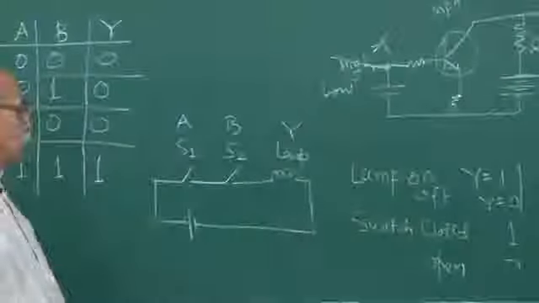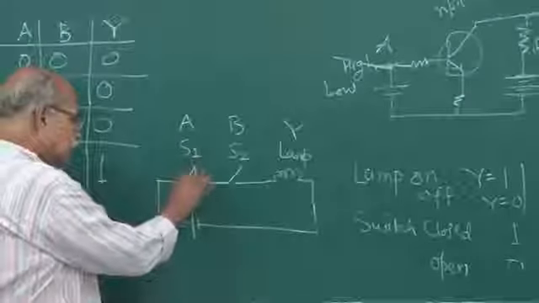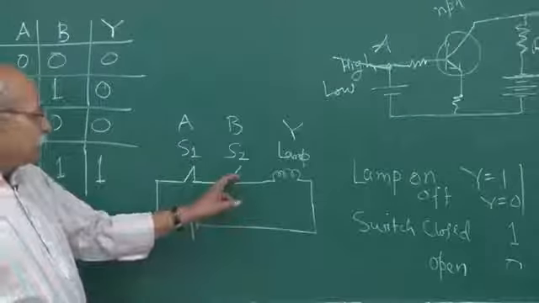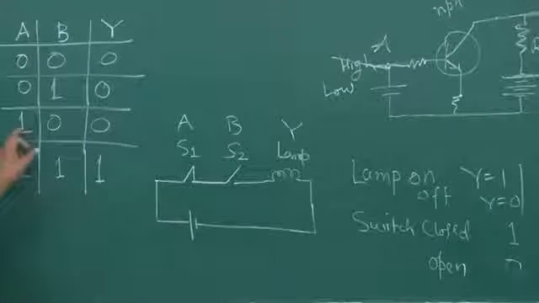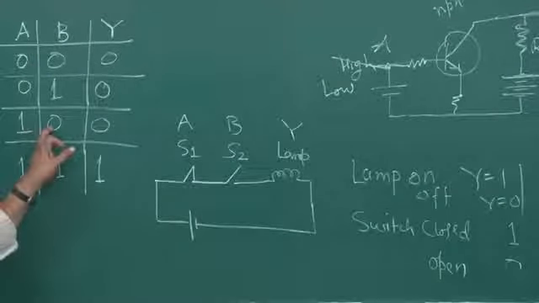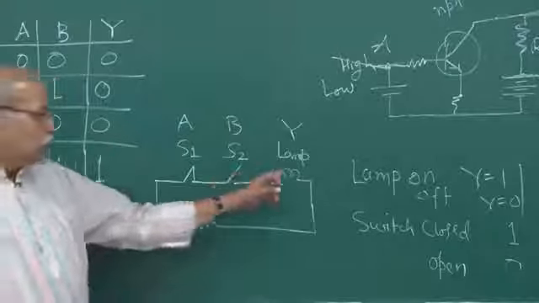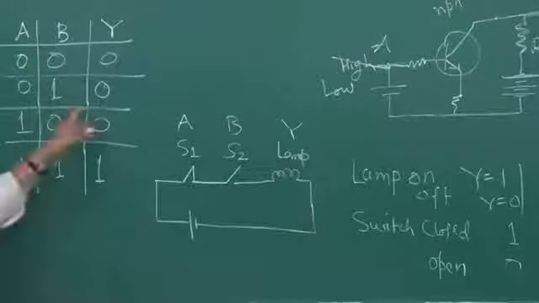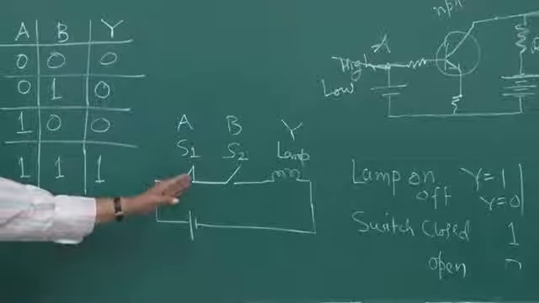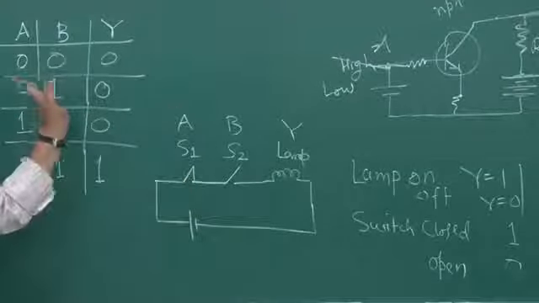And if one of the switches is closed and the other switch is open, so A is 1 and B is 0, in that case also there is no current in the circuit, the lamp is off, and therefore Y is equal to 0. If this is open and that is closed, then also the same story.